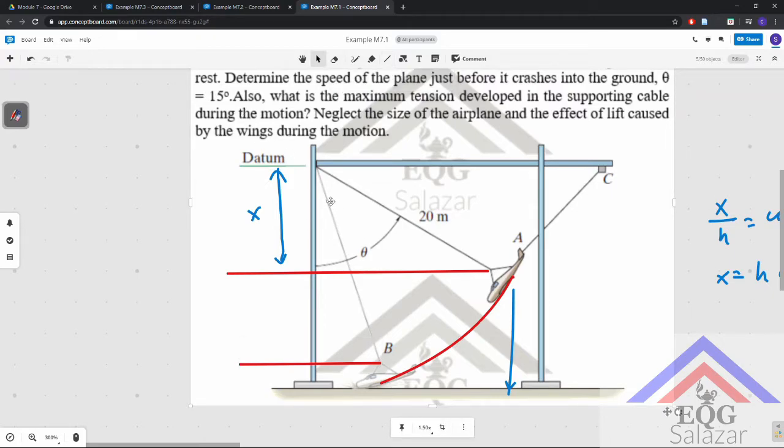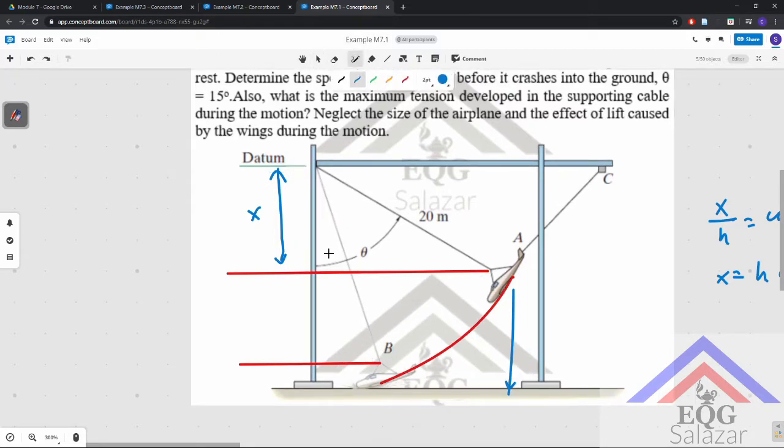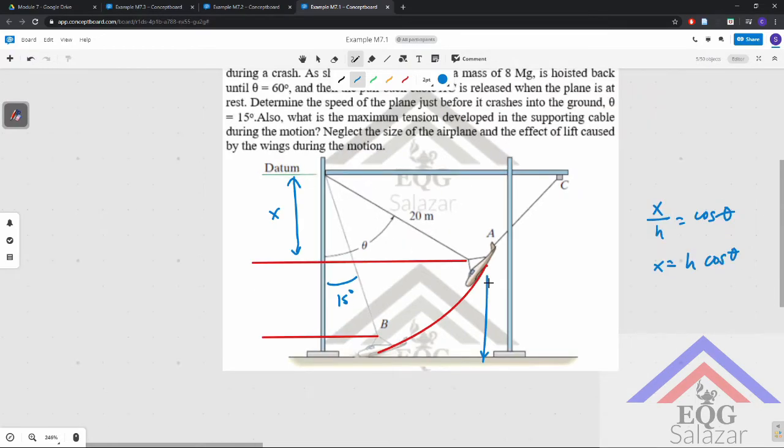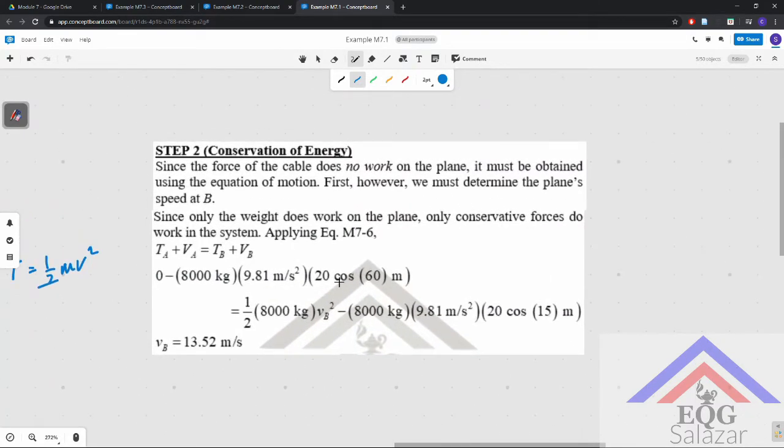Once again, this is the adjacent side, this is 15 degrees, and this will remain 20, so this equation holds true. Plugging all that into the conservation of energy equation, you will be able to solve that VB, the velocity at which the airplane strikes the ground at point B, is equal to 13.52 meters per second.